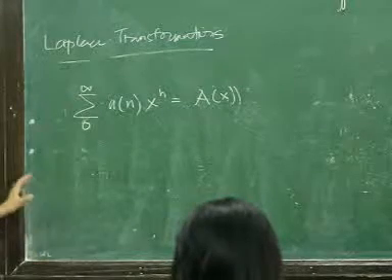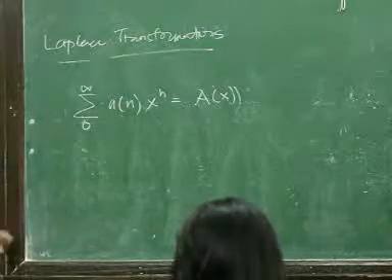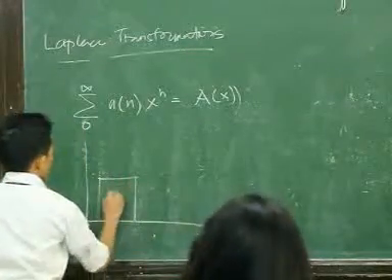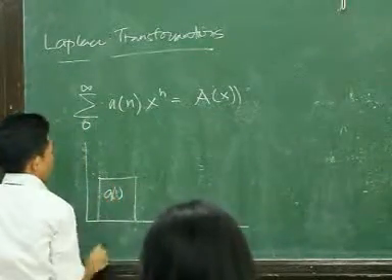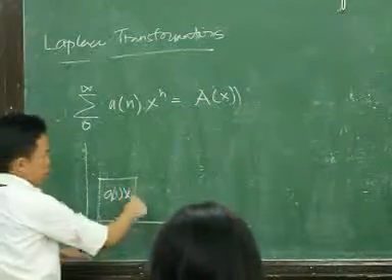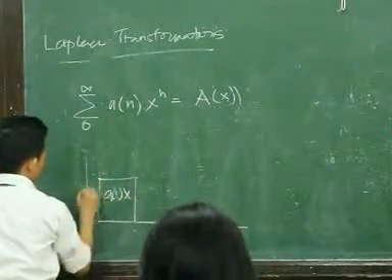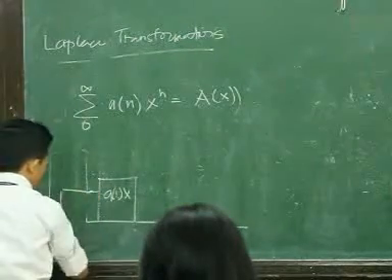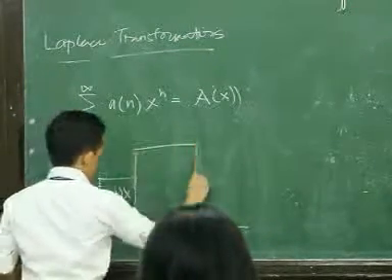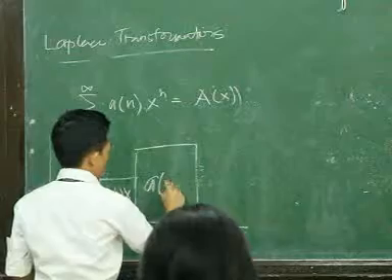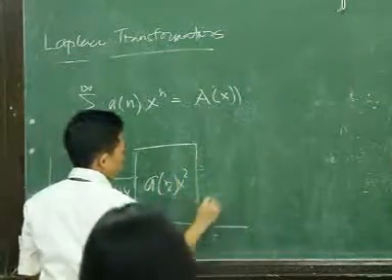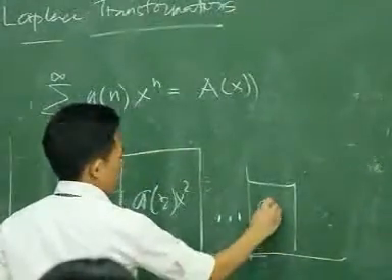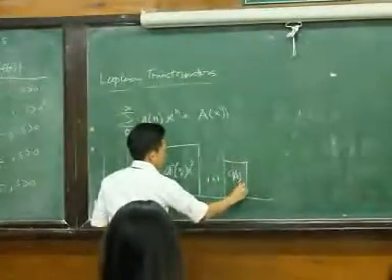If you try to figure this out geometrically, you have basically a of 1, x raised to 1. I'm sorry, I forgot. A of 2, let's say a of n, x raised to n.